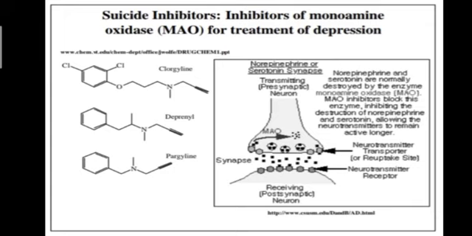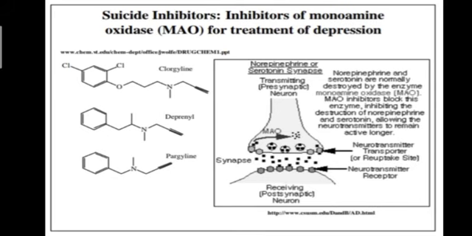If we use a monoamine oxidase inhibitor, it blocks this enzyme, that is MAO, inhibiting the destruction of norepinephrine and serotonin and allowing the neurotransmitters to remain active longer, and it is used in depression treatment. In this video, I discussed the inhibition of enzyme activity.